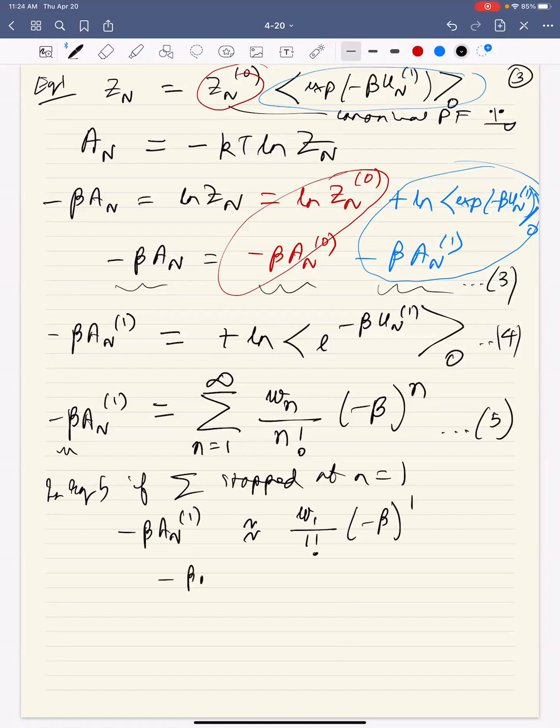Or minus beta an1 is approximately w1 times minus beta. Or an1 is w1, right? In this case, an will become an0 plus w1.